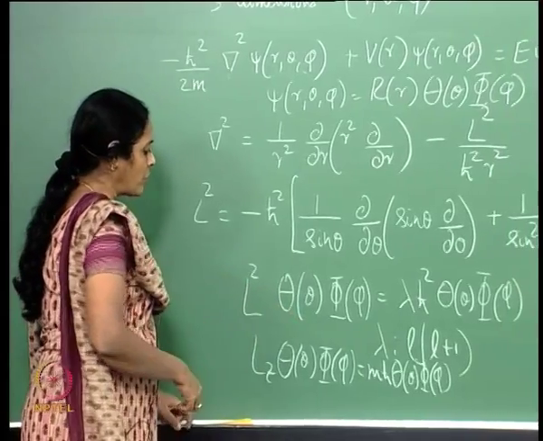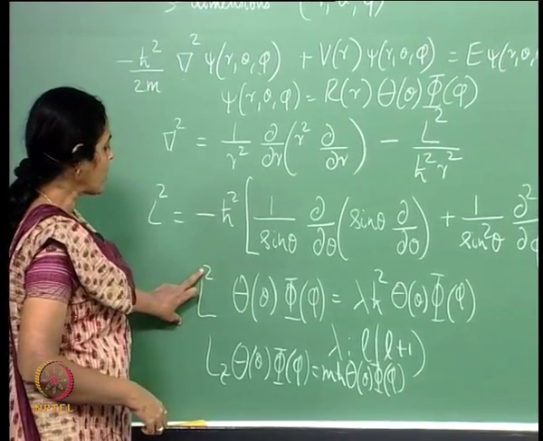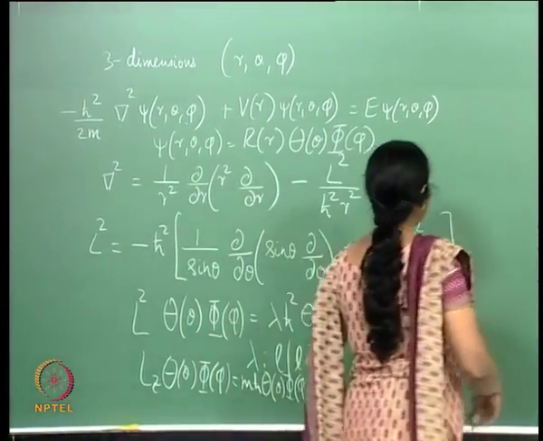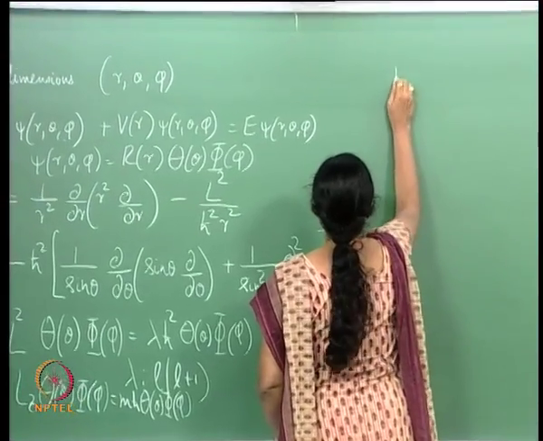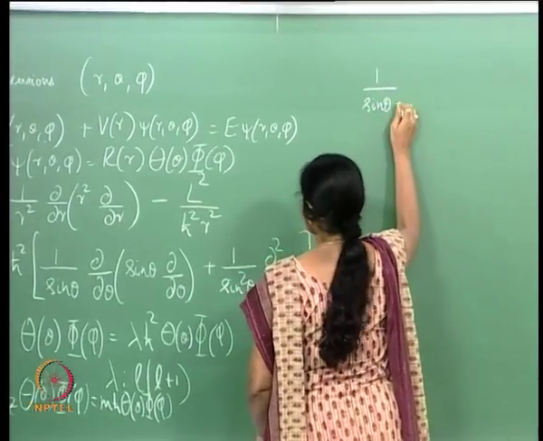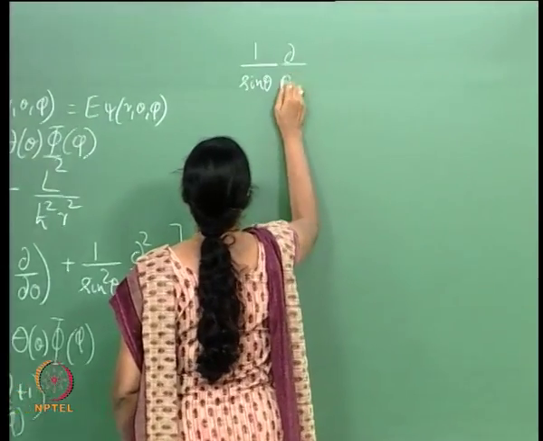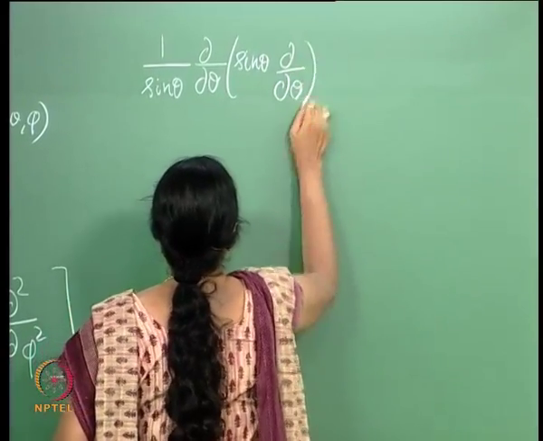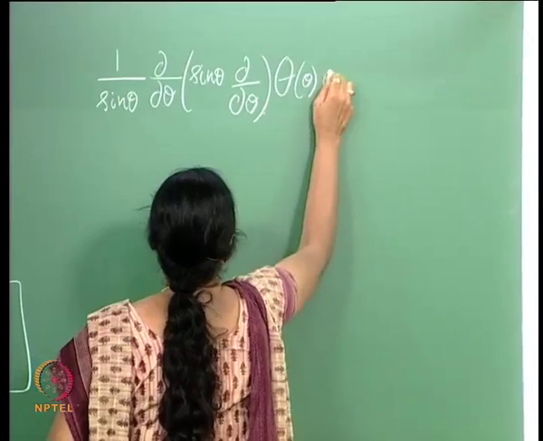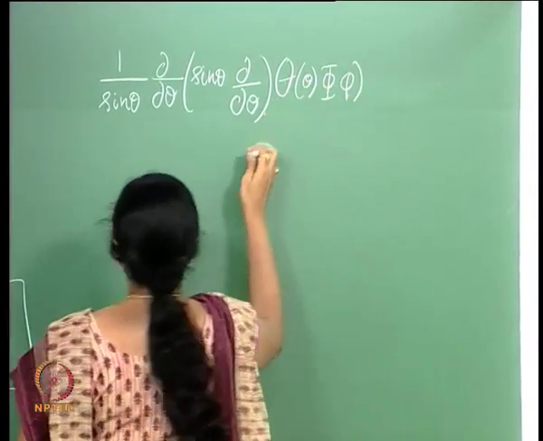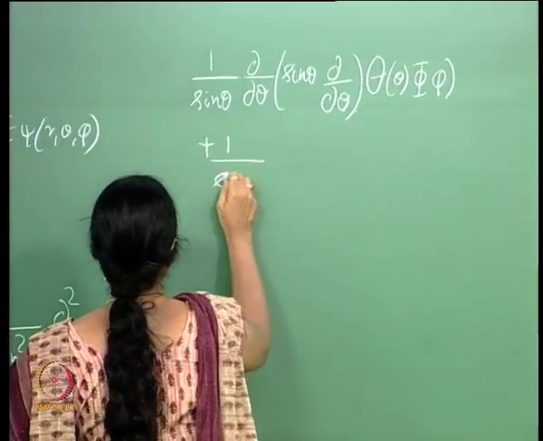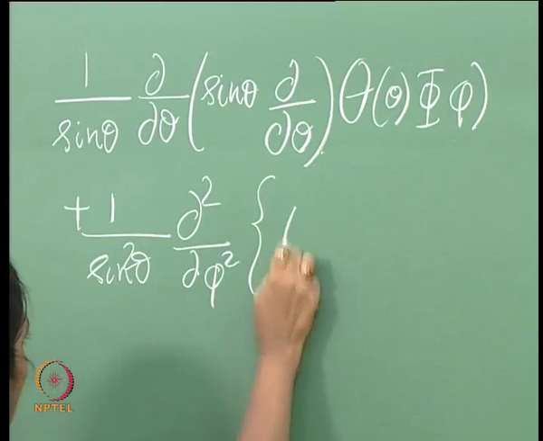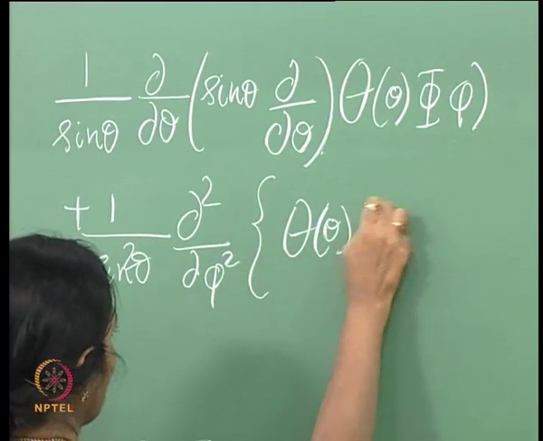Just to recapitulate what we did, we therefore went ahead and wrote out this equation in an expanded form. So, we have 1 by sine theta delta by delta theta of sine theta delta by delta theta acting on Theta of theta Phi of phi plus 1 by sine squared theta delta 2 by delta phi squared acting on Theta of theta Phi of phi.